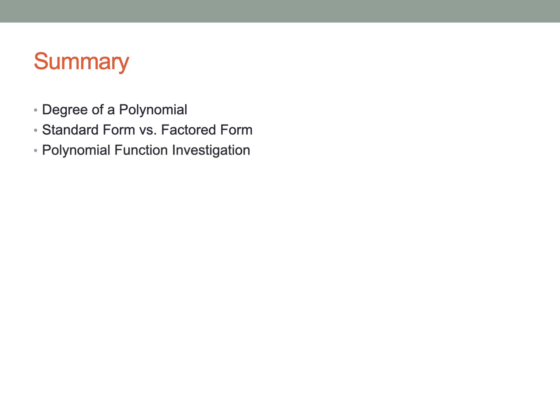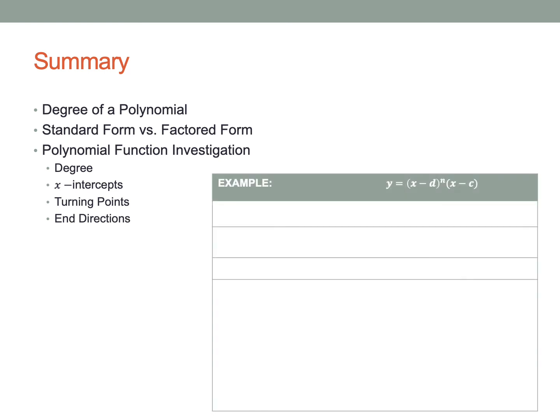From the polynomial investigation, we talked about how the degree affects the graph, and how the x-intercepts, turning points, and end direction. So if we're going to give this example here, the degree is basically how many factors you have. So you add up all the factors. You count the exponents and count how many factors there are, and that's the degree.